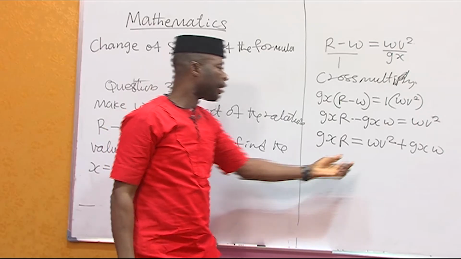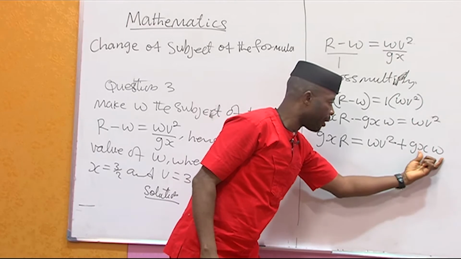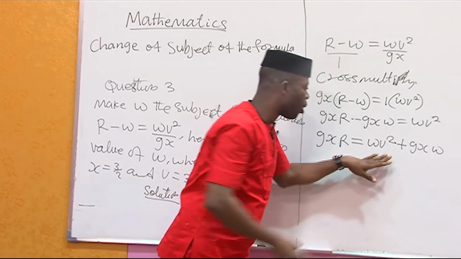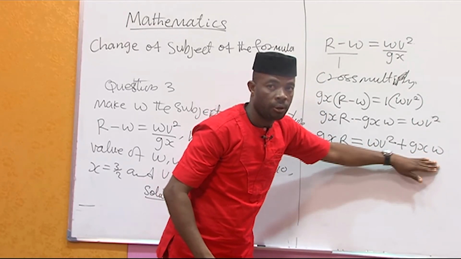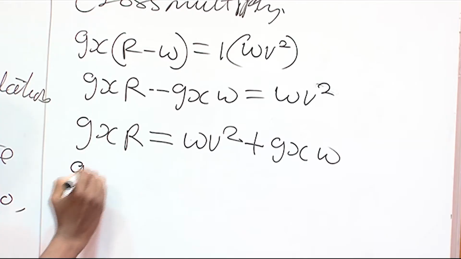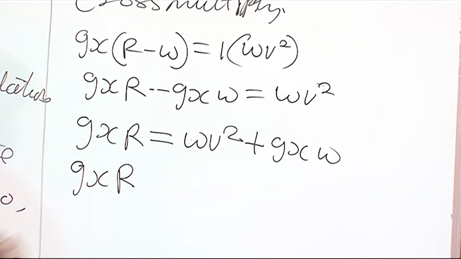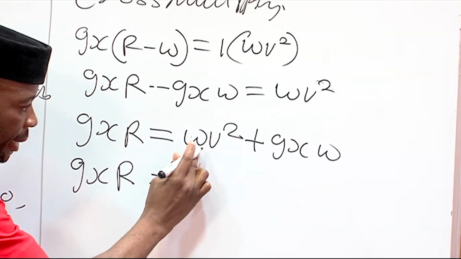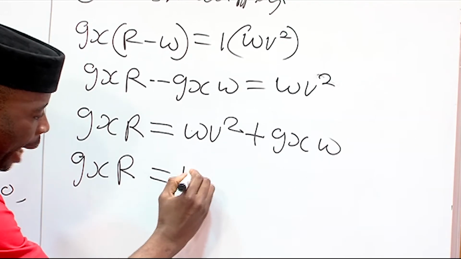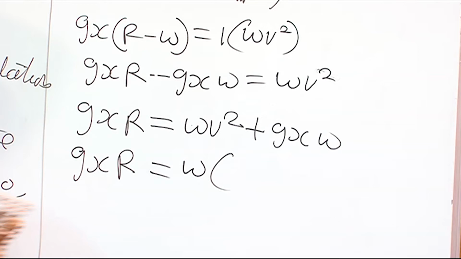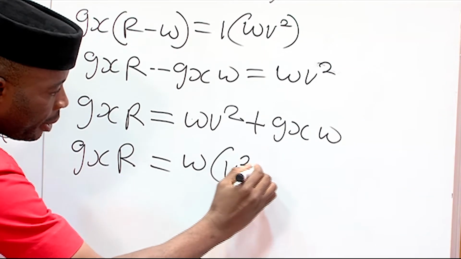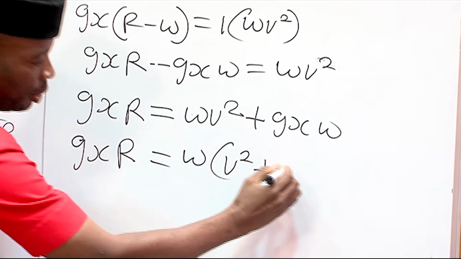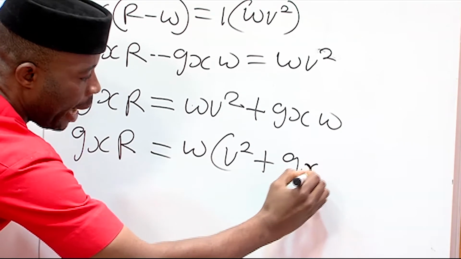So I have my W here and here. What I will do now is collect the common factor. So GSR is equals to W is here and also here. We take it out. Then the remaining is V square plus GS.